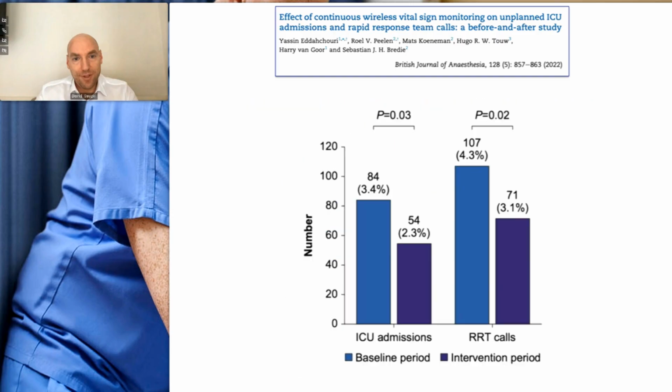And for example, in this before and after study, the rate of admissions to an intensive care unit and the rate of rapid response team calls was reduced with continuous monitoring, and this was to a clinically important and also statistically significant degree.